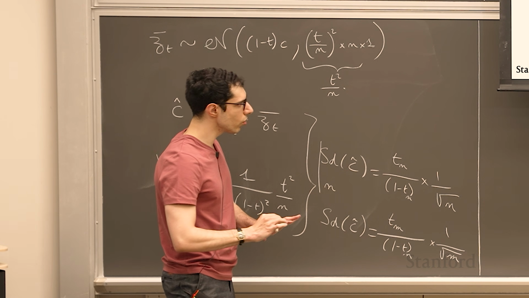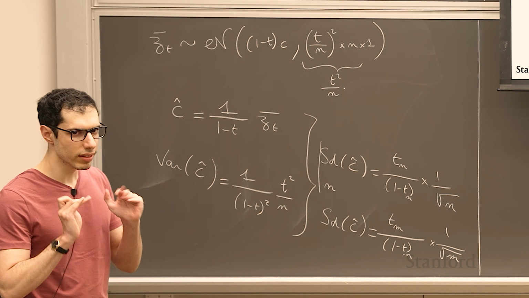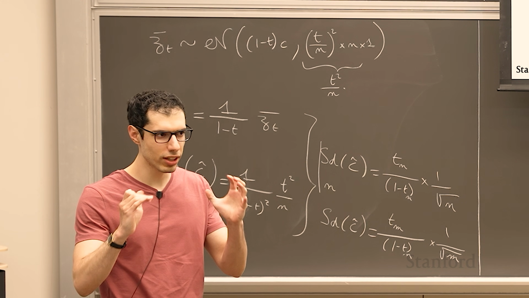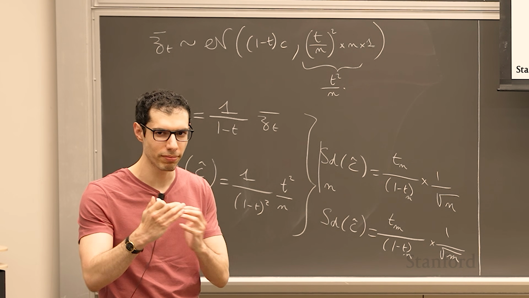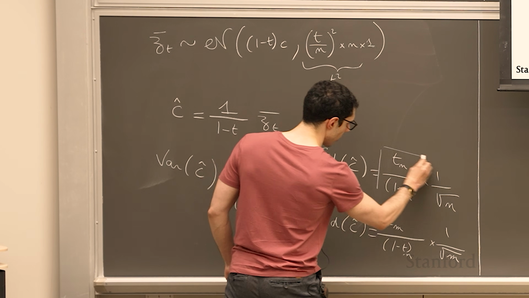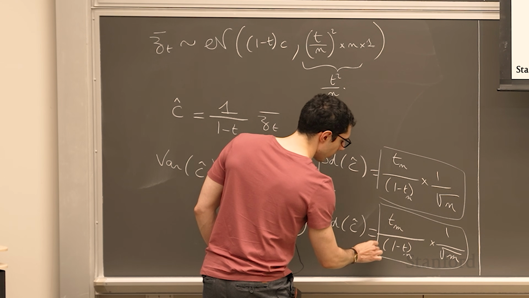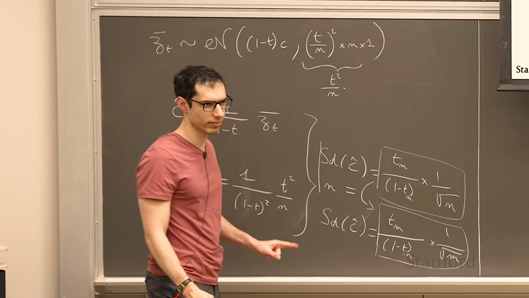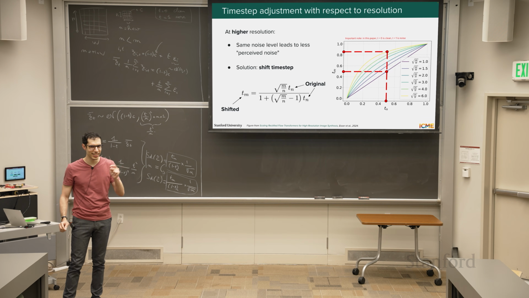And the goal that we have is to determine the time step for resolution m such that the uncertainty of determining the pixel value is the same. So you just need to take these two quantities and say that they need to be equal, and you find t_m as a function of t_n.